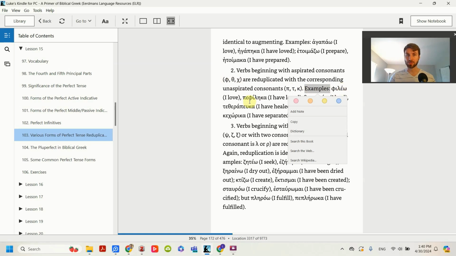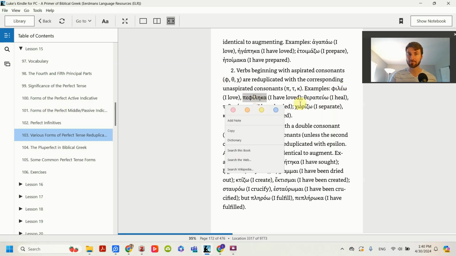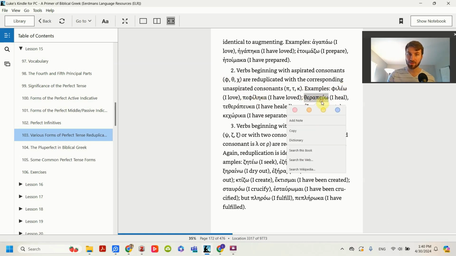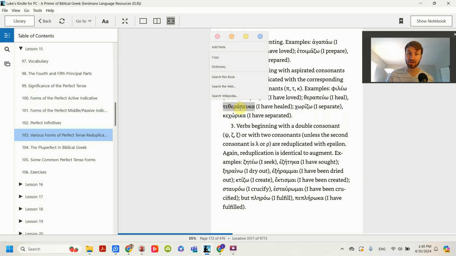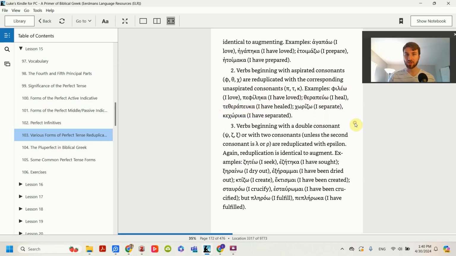So phileo becomes pephileka. Therapeuo becomes tetherapeka. And notice how all these have that ka. So that'll be a really good giveaway for at least the first perfect, normal perfects. So rather than having phephileka, it's pe, which is just easier to say.